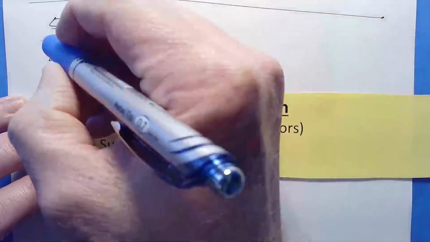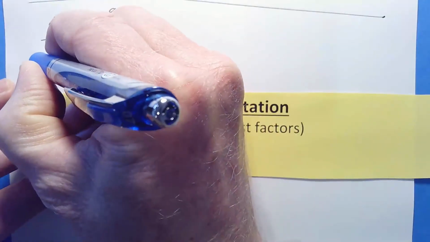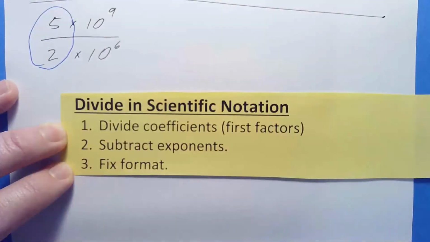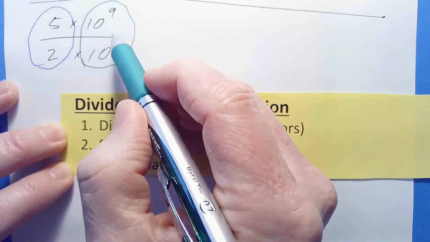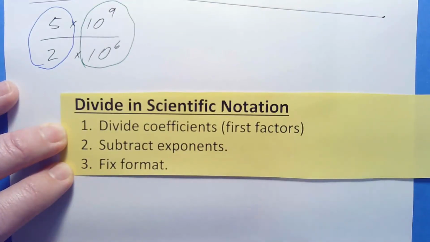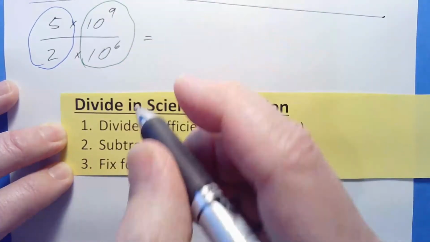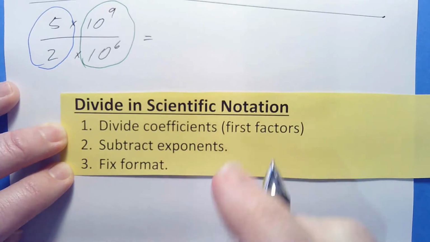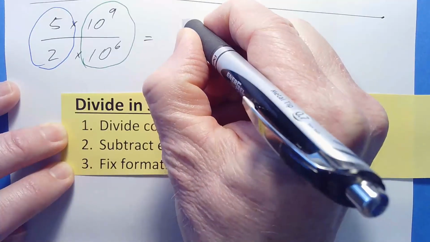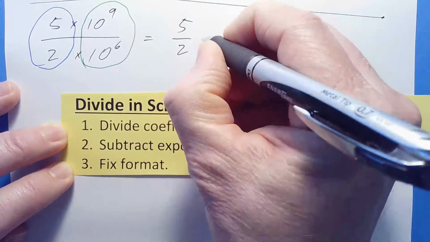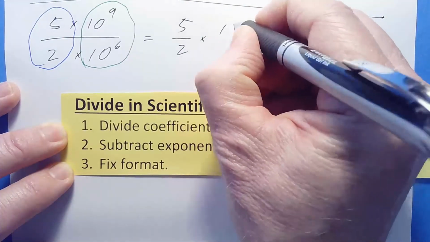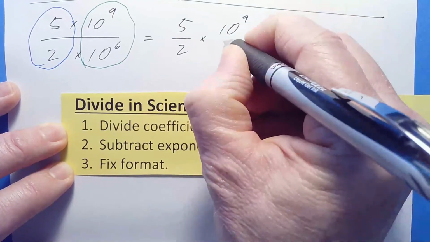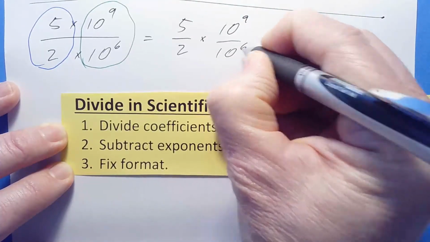So I've got the coefficients. What I'm going to do is separate this out. I'm going to have coefficients, and then I'm also going to work with the powers of 10, the exponents. So I'm going to separate this into pieces. I'm going to have 5 divided by 2, and whatever that is, I'm going to multiply that times 10 to the 9th over 10 to the 6th.